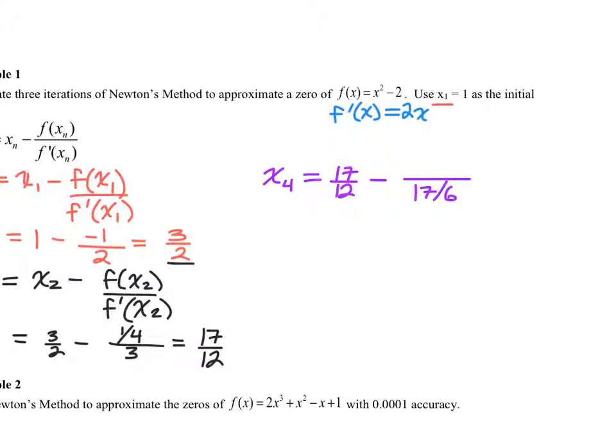On the top, 17 twelfths squared minus 2. And then calculation. This is the extent of the by hand stuff that they would ask you to do.